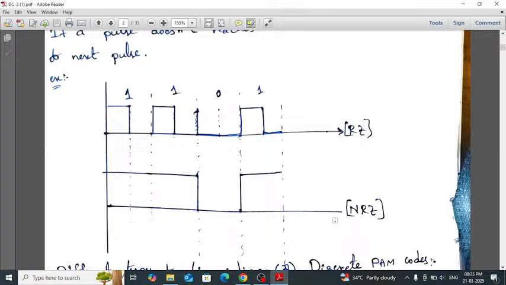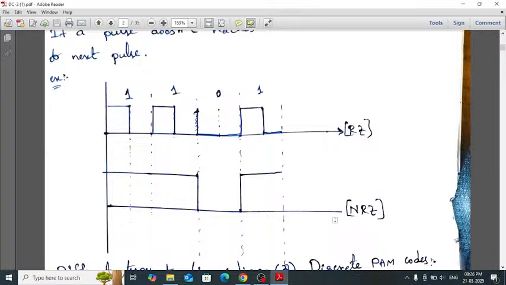Here we are going to discuss unit 5, discrete PAM signals. In the last unit we covered PCM, DPCM, DM and ADM. With the help of those digital modulation techniques, an analog signal is converted into digital.